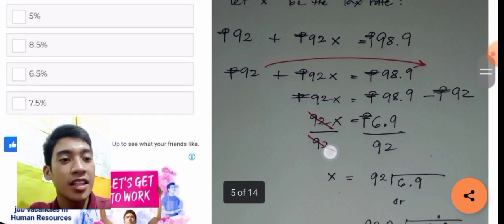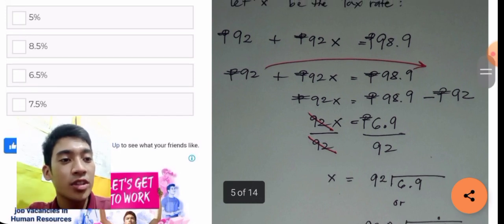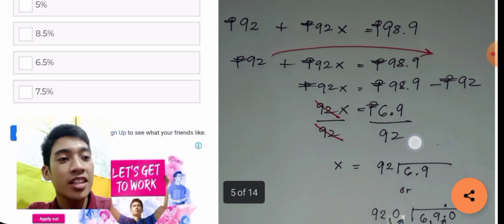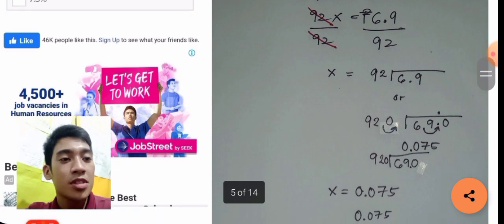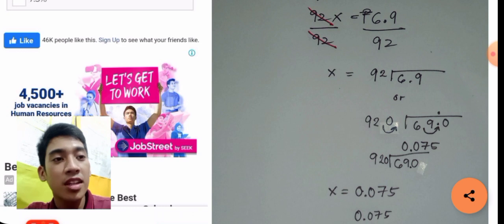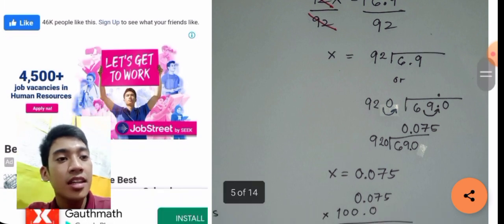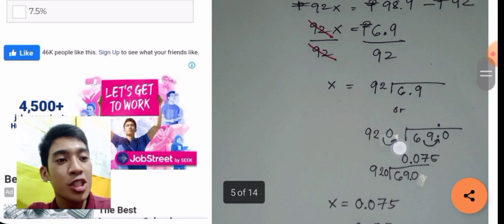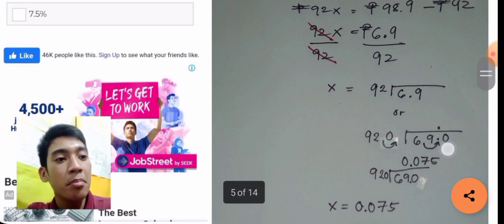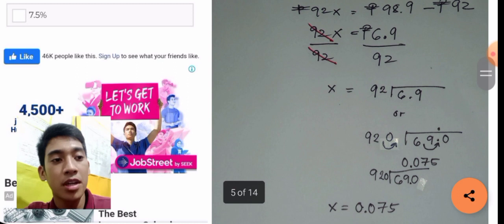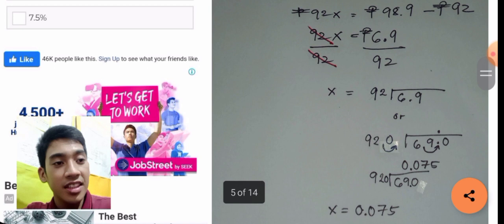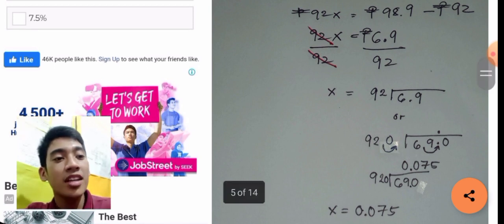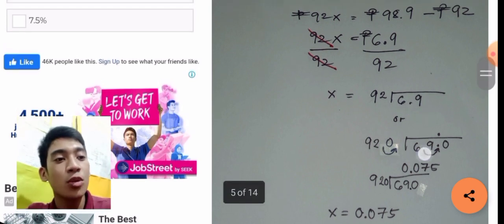Divide both sides by 92 to get our x. So 6.9 divided by 92 will give us... When it comes to dividing decimal numbers, take note that it is necessary to make our decimal numbers into whole numbers.